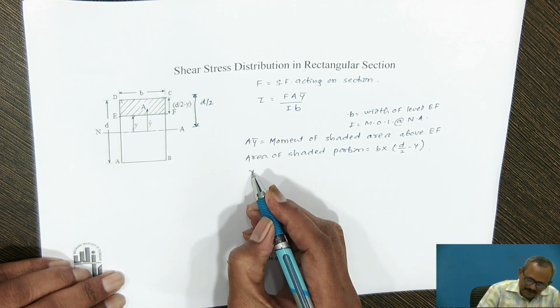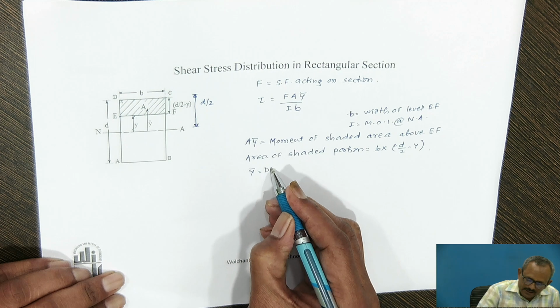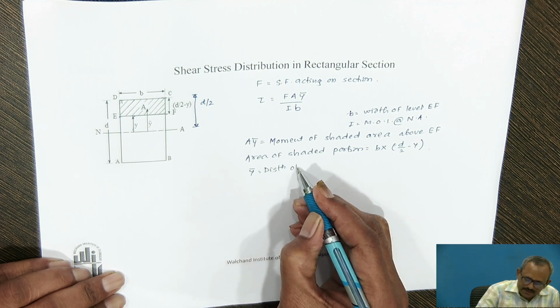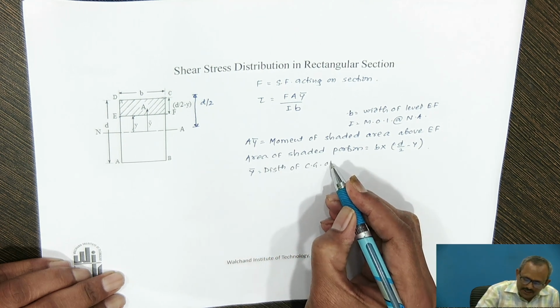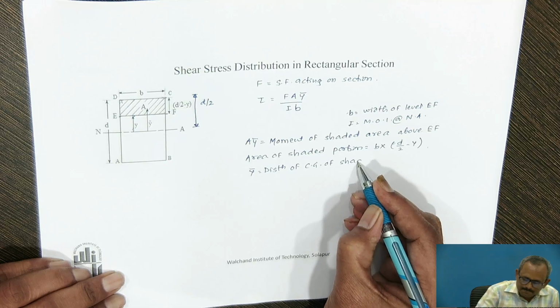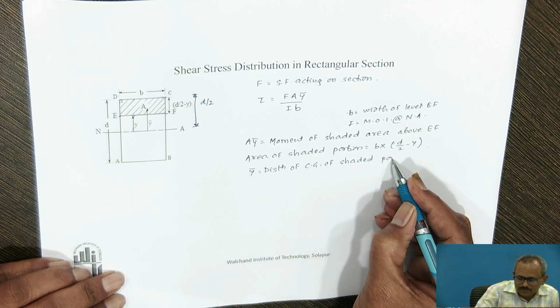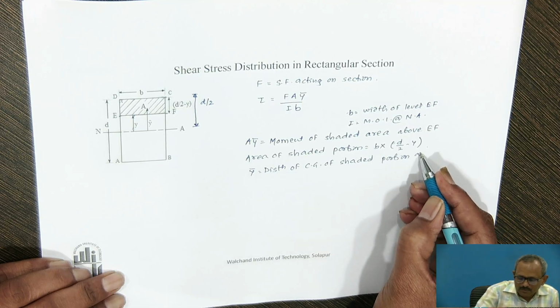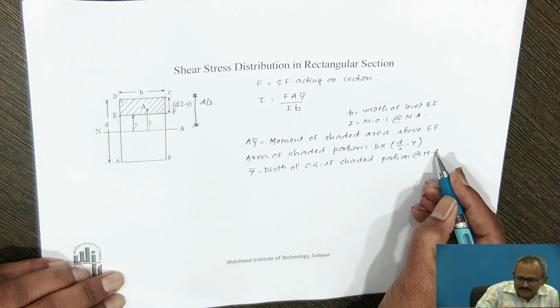Now, y bar is the distance of the CG of shaded portion above the neutral axis.